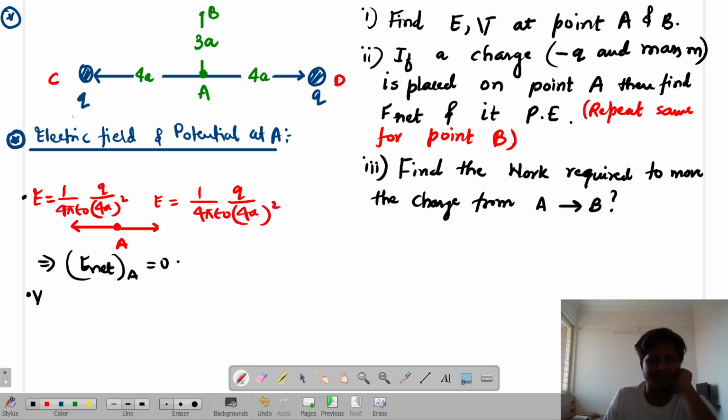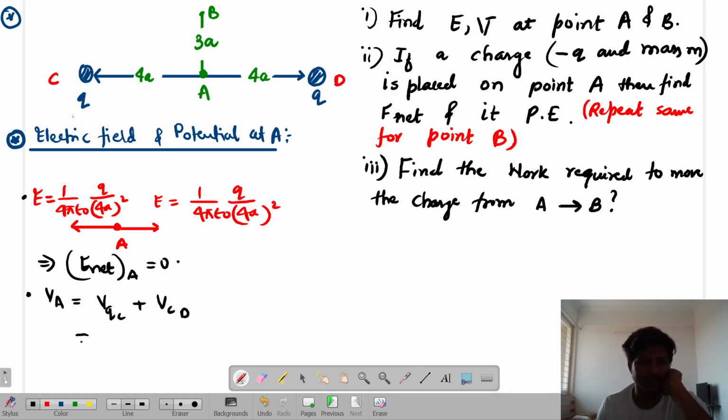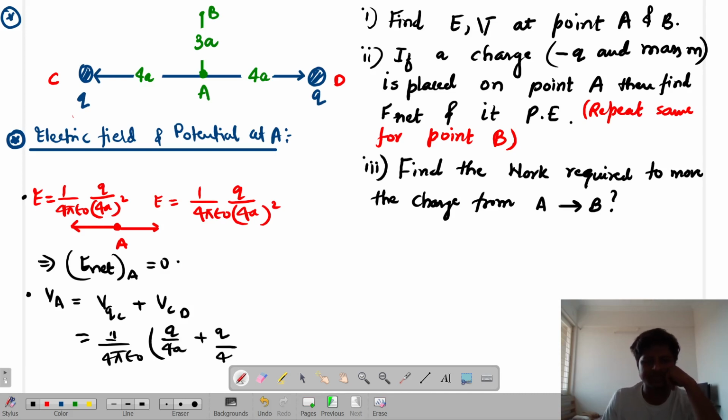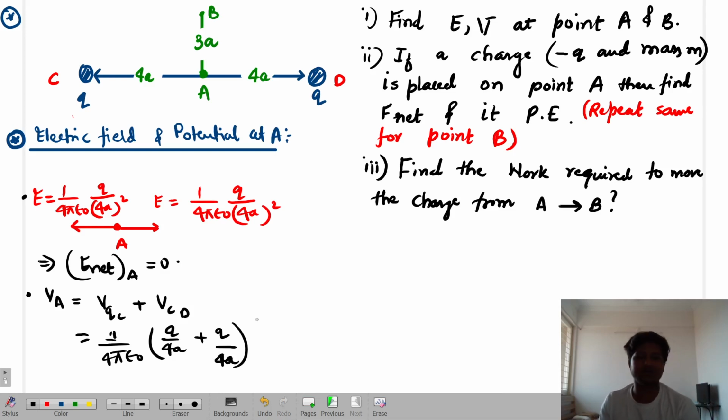Now the second thing I have to calculate is potential. Potential is not a vector quantity, isn't it? So potential at point A will be potential due to charge at C plus potential due to charge at D. That will be equal to 1 by 4 pi epsilon naught, taking it common, charge C is Q and distance is 4a, plus charge D is Q and distance is how much? 4a. Right or not? If any of the charges would have been negative in the potential case, you were required to take the sign.